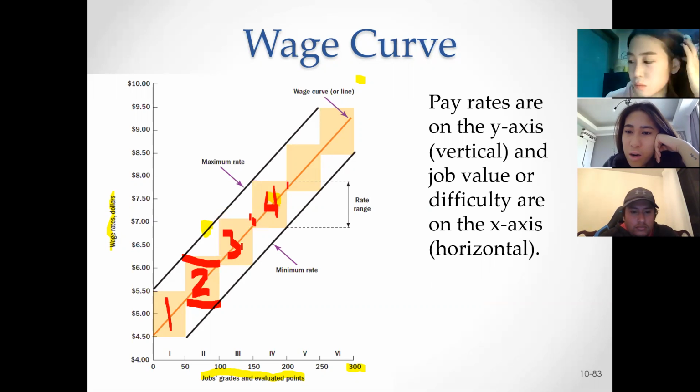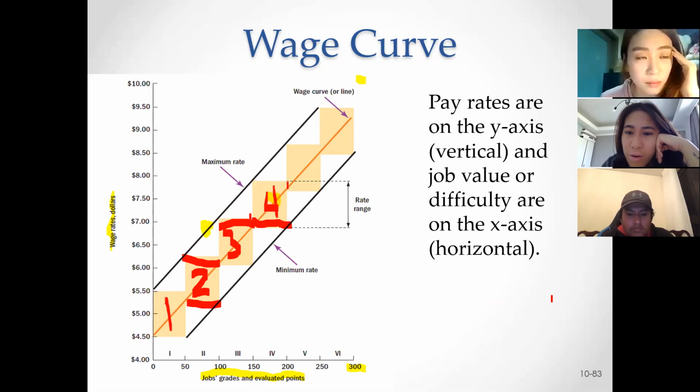So what benefit can we give her? Well, we can move Anais into grade 4, but keep her salary the same. So what we're giving her is a benefit without changing her salary. Why is this an important benefit?